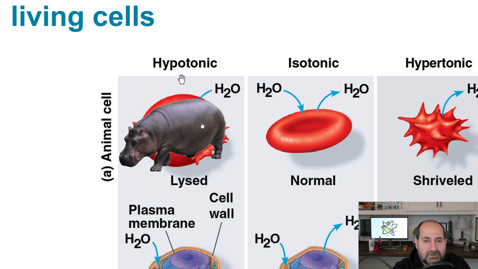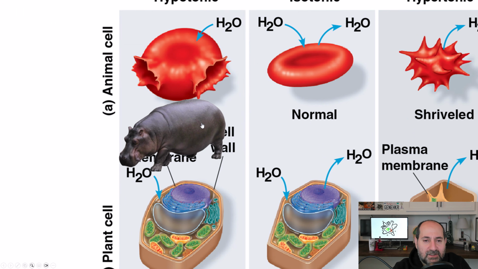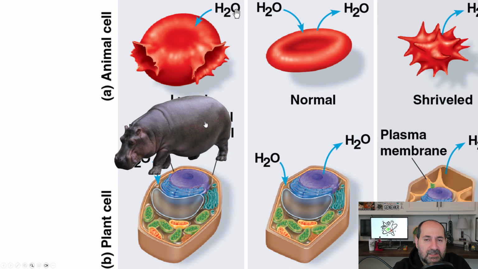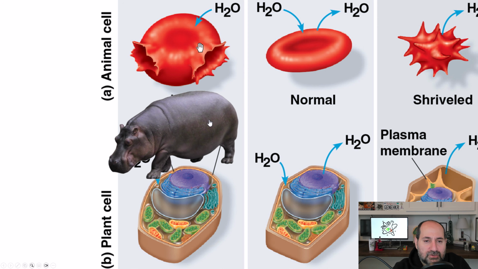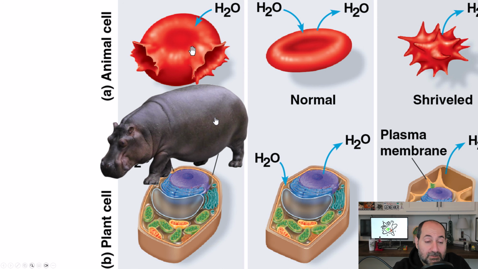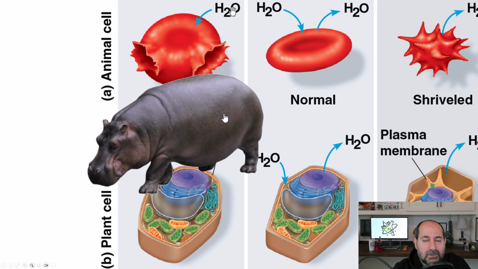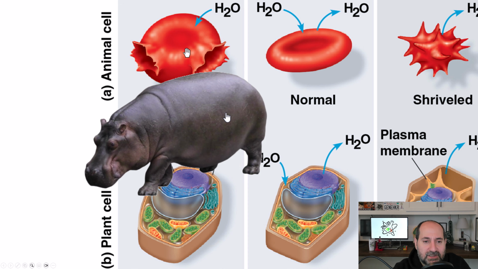Why would my cells look like hippos? Well, because water must be rushing in. Why would water rush in? Well, that means that water is diffusing in. And that must mean that the water concentration outside is higher than the water concentration inside, which means the solute concentration outside is lower than the solute concentration inside.